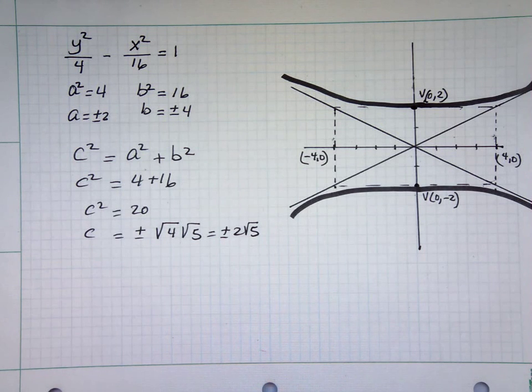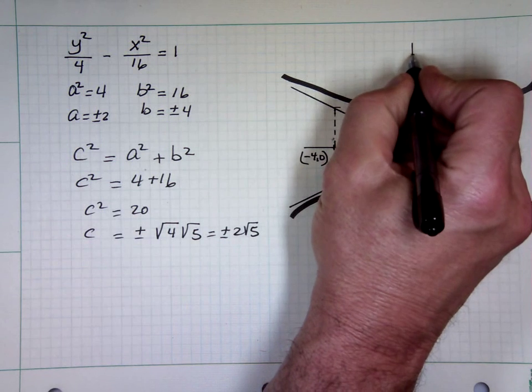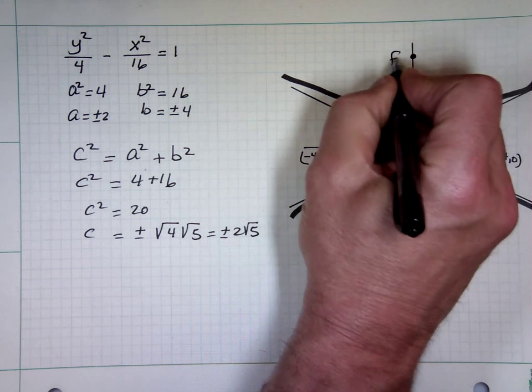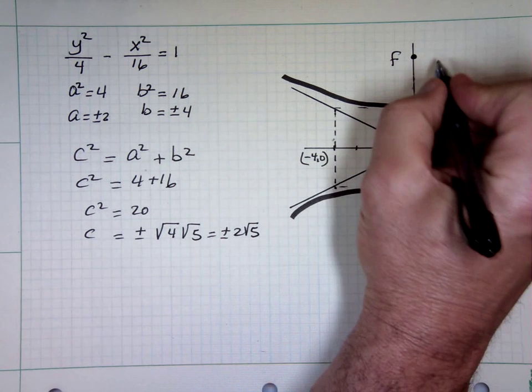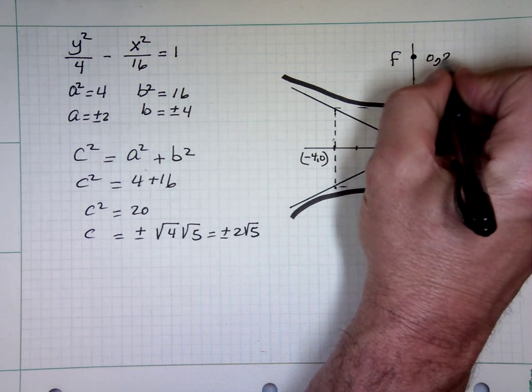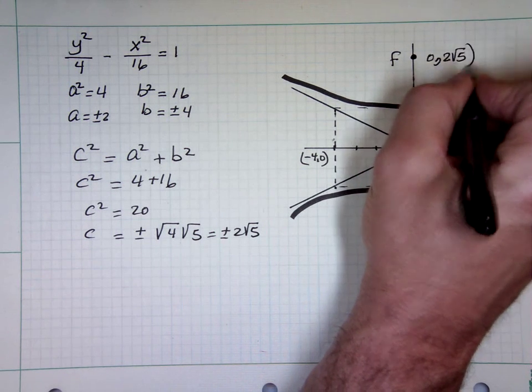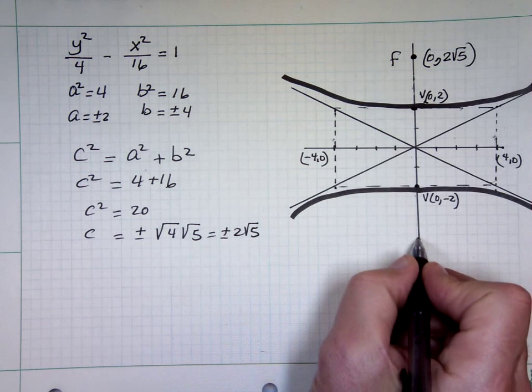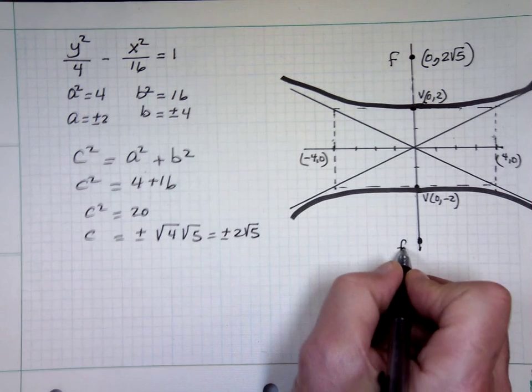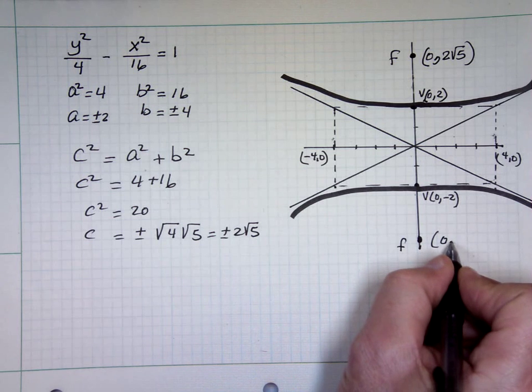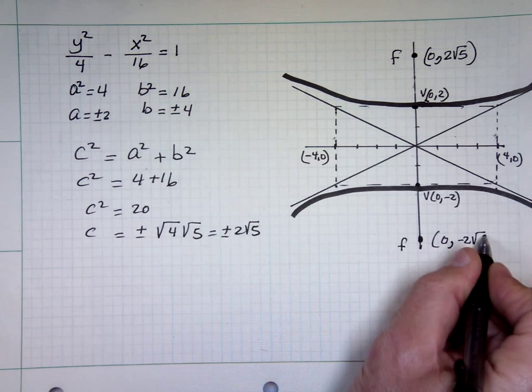So it'll be more than 4. Somewhere up there is the focal point. It's 0, 2 square root of 5. And the other one is down here: 0, negative 2 square root of 5.